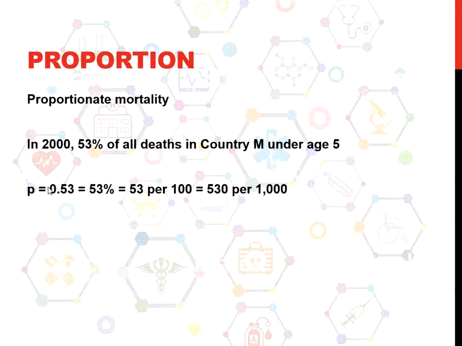So kapag times 10 yun, per 100, 53 yung ating proportion. So 53 daw per 100 yung deaths under age of 5. So 530 per 1,000, so on and so forth. So yung K yung pang-adjust natin kung ilan talaga yung individuals na yun. So para siyang pang-estimate din sa population.